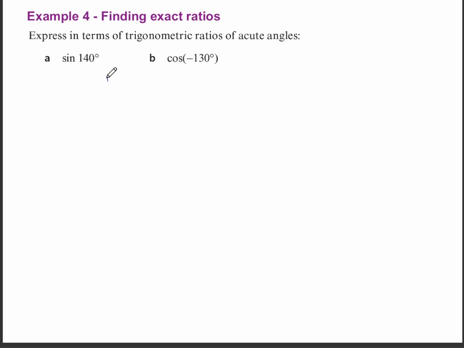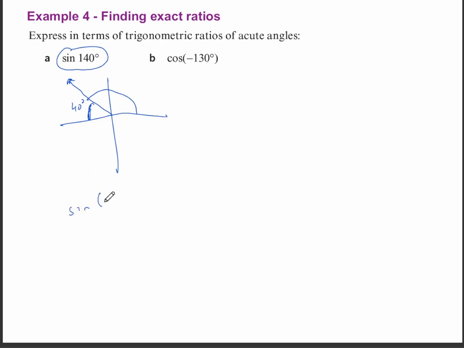So sine 140, remember you are taking 140 degrees. And so you have 40 degrees that's left. And so the magnitude of that sine 140 is obviously going to be in terms of the reference angle, as I just said. The reference angle in this case is 40 degrees.